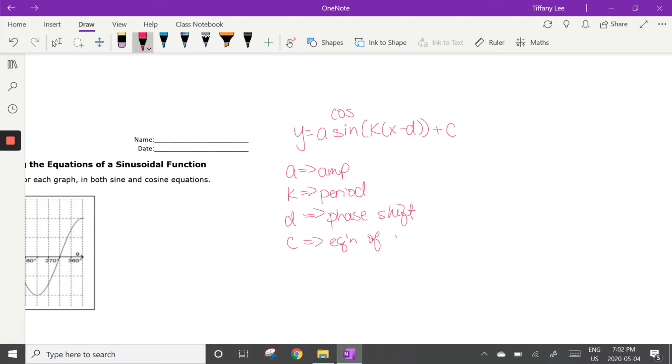This is when we relate it to what's happening to our sinusoidal functions.